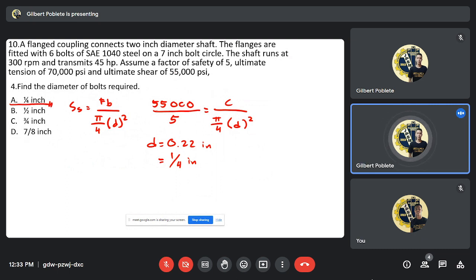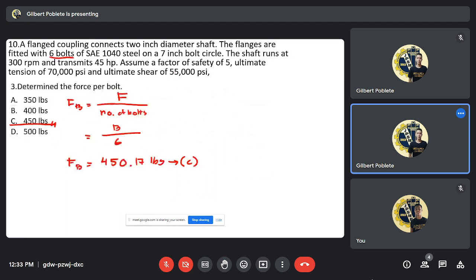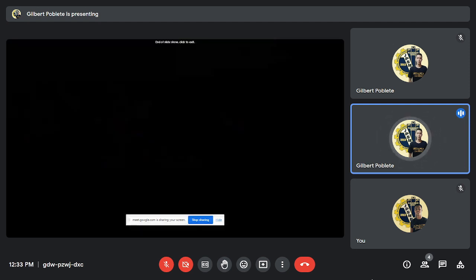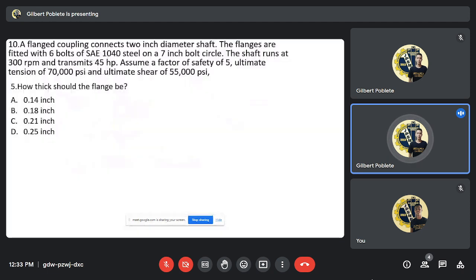So next tayo. Ayan, last na pala to. Okay. How thick should the flange be? So meron tayong formula na SC equals force over the thickness ng flange times the diameter.